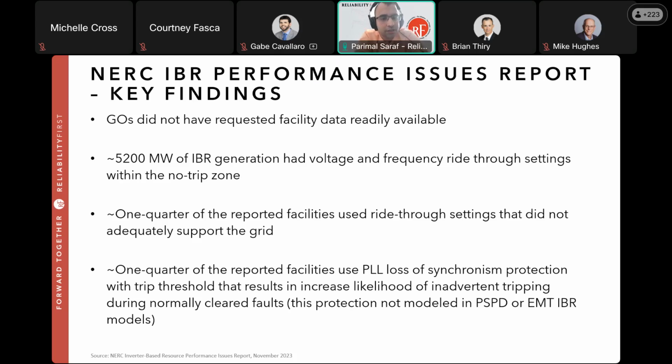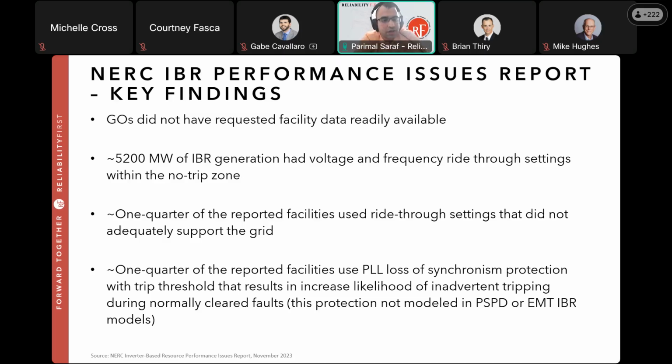And a lot of the other issues were related to the voltage and frequency ride-through settings. These are certain protection settings that are part of the IBR models, and their main goal is to ensure that these IBRs ride through disturbances, which means they don't trip under disturbances, but only within a band.